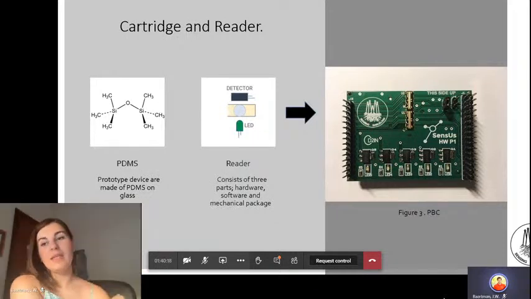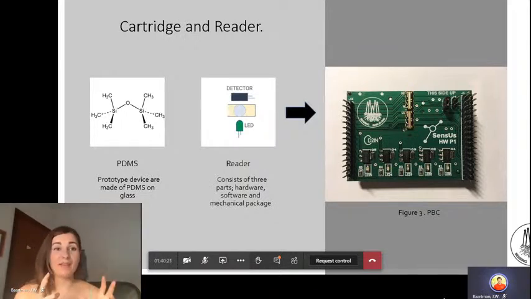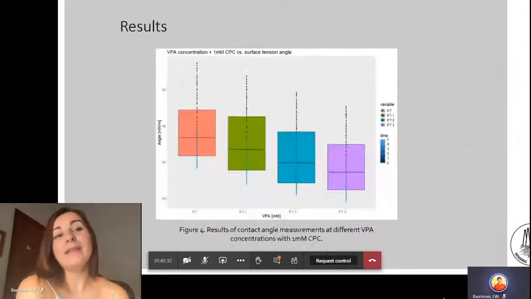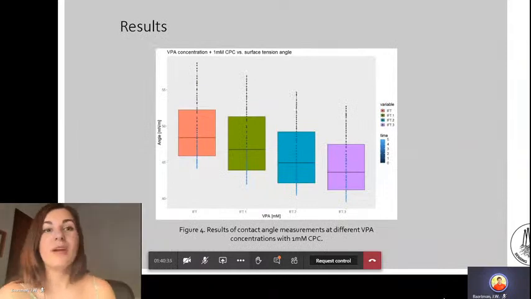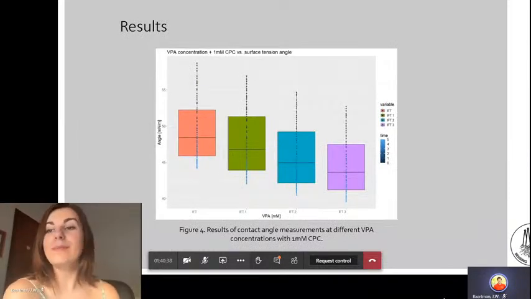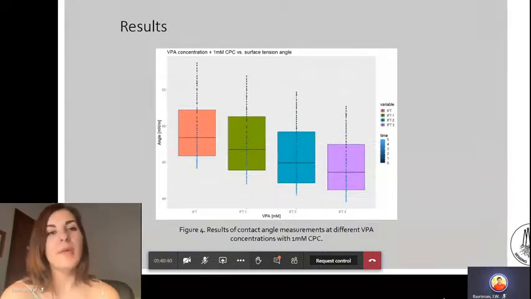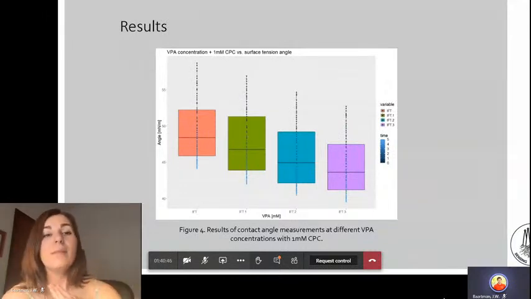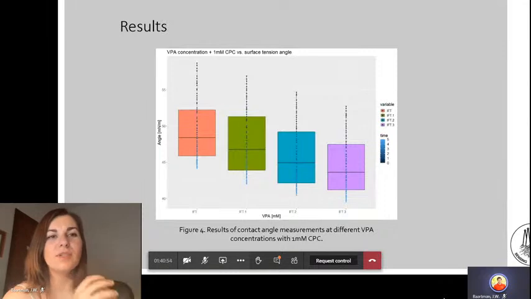And lastly, the mechanical package has been designed to cover all the hardware from light and as a sample holder. As I said before, the project was interrupted by COVID-19, and we don't have any kind of results, but preliminary results were obtained to measure the correlation between BPA concentration and the surface tension, done by OCA 50 sessile drop technique using different concentrations of BPA saline solution.